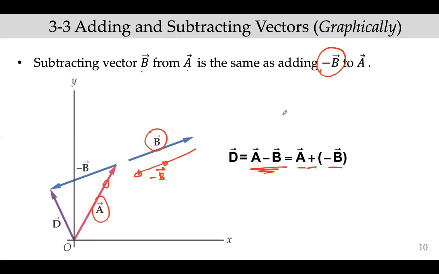So a vector is like this, and then I'm going to add with this negative b, which is in this direction. Now this was the initial point, this is the final point, so I'm going to draw my final vector, and it will give me the vector d. So d is actually a minus b.